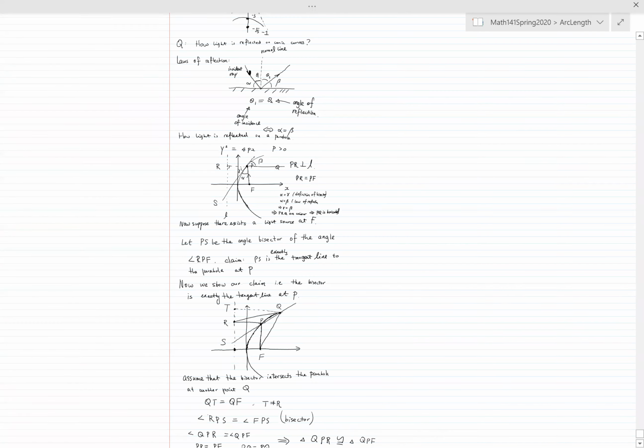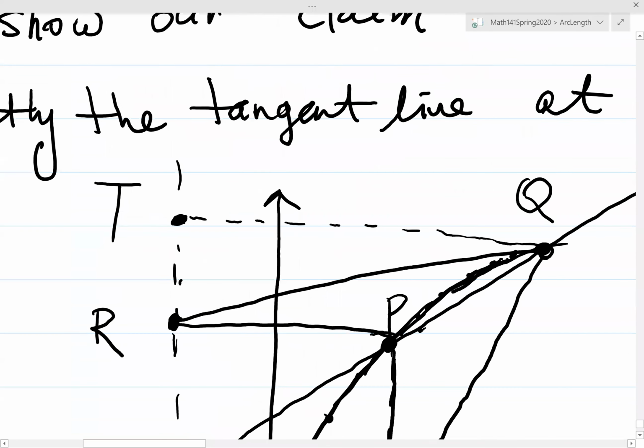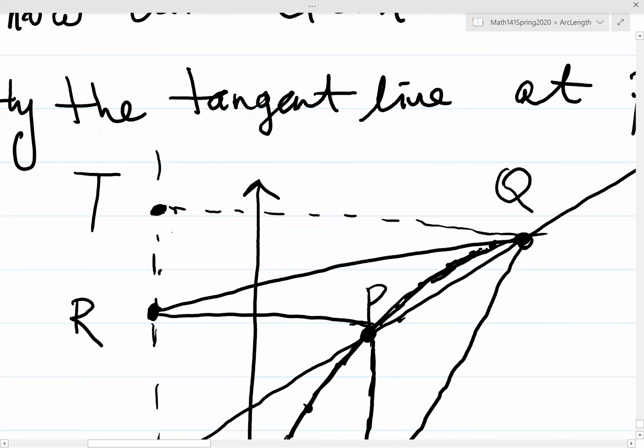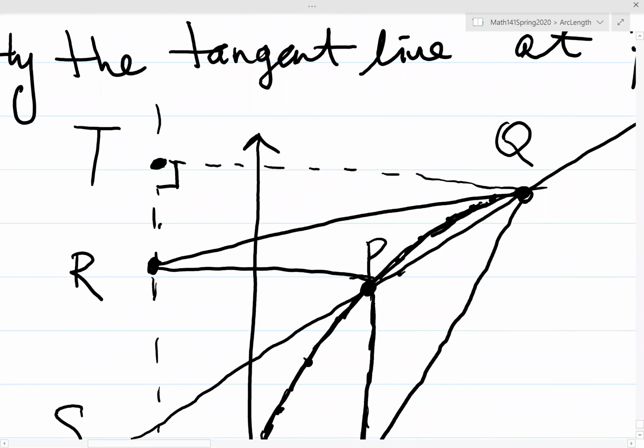What happens if QT equals QR? Can QT equal QR or not?